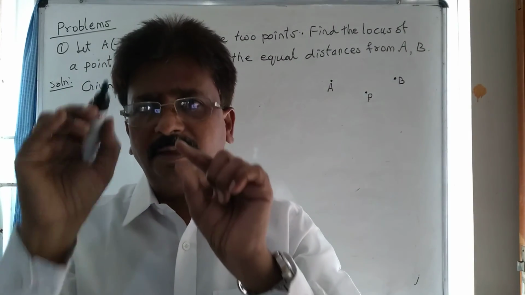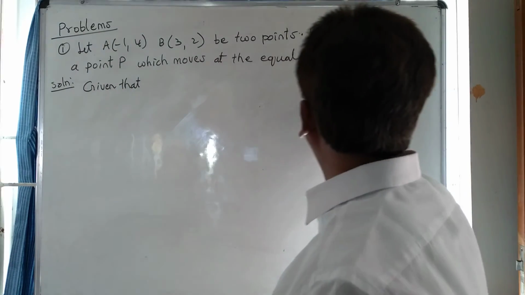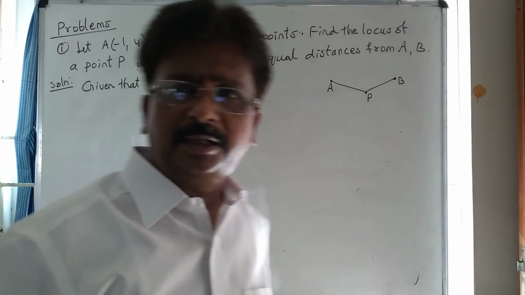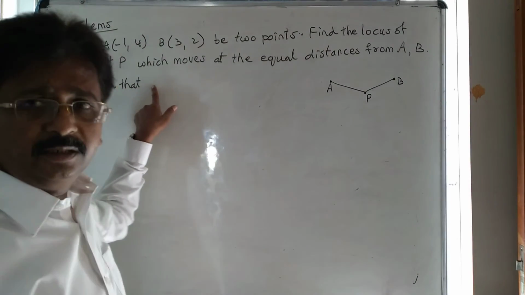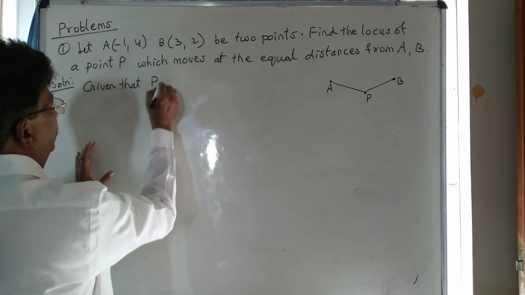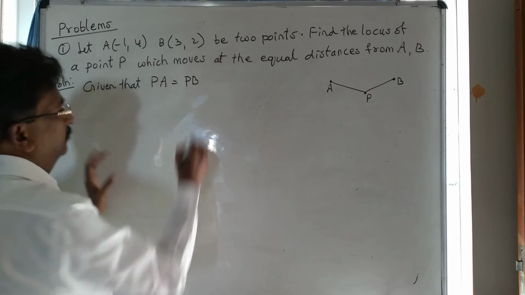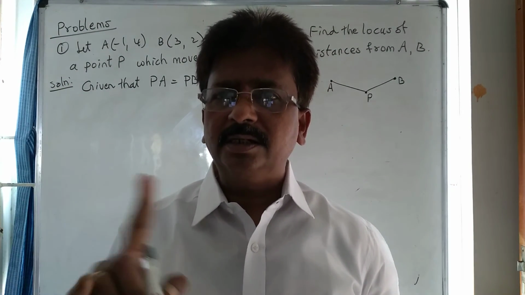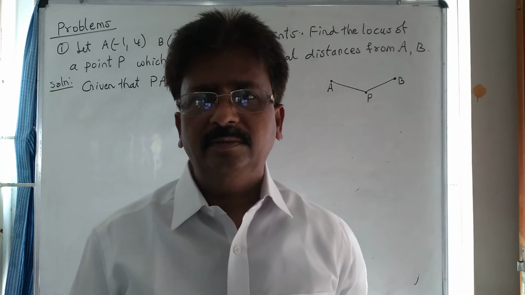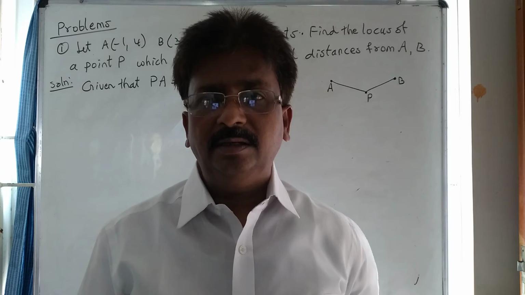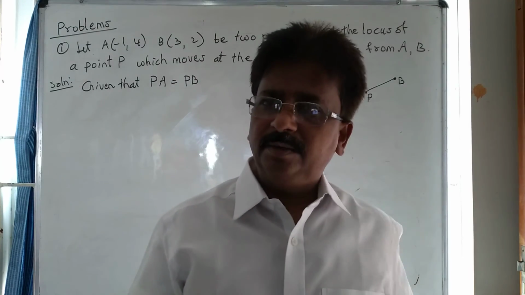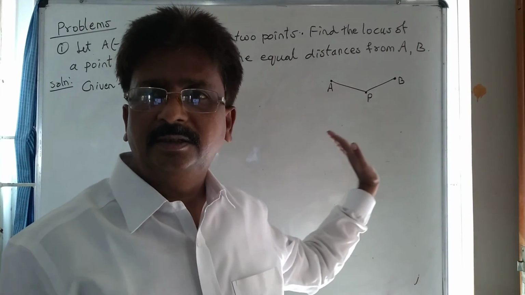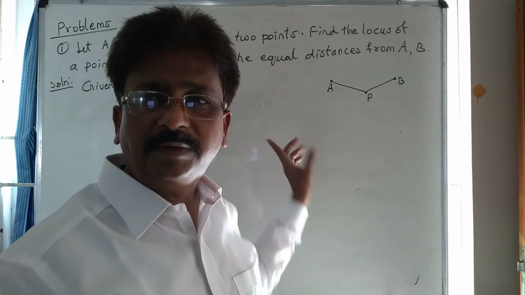Letter P A. P A length is equal to P B length. So therefore I will write the condition: given that P A is equal to P B. Now here P A means distance between P and A, P B means distance between P and B. Okay, equal distances means P A equal to P B. Okay, mathematically the given condition we have identified. This given condition is P A is equal to P B.